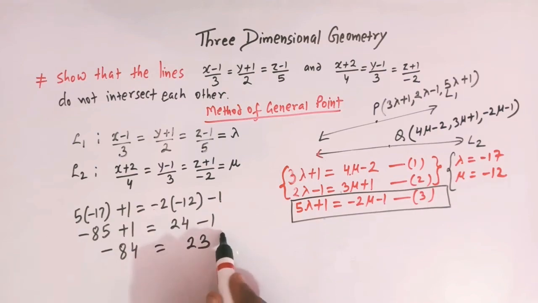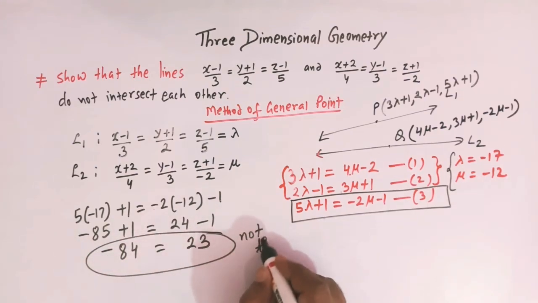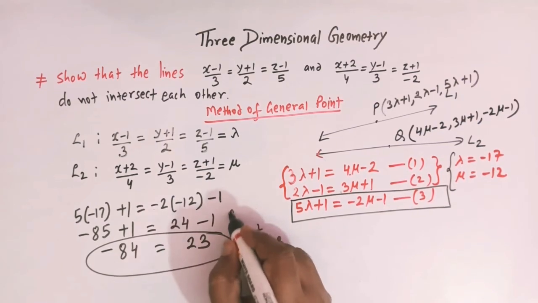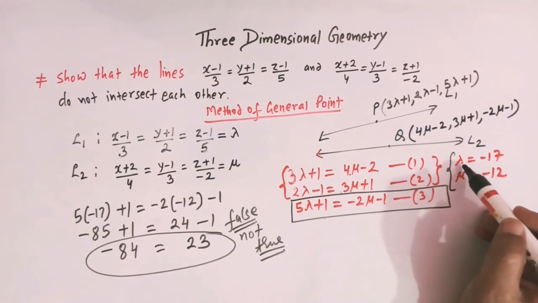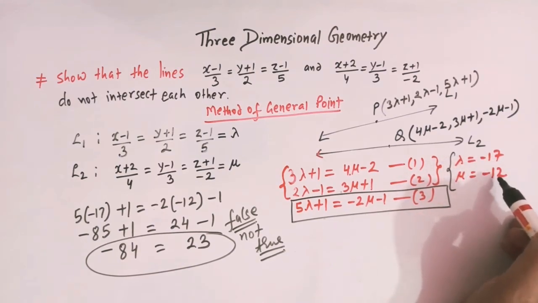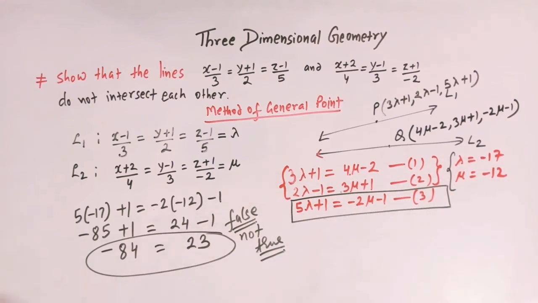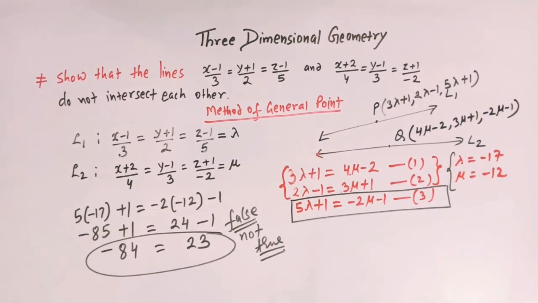And we easily see that this is not true. So we arrived at a false result when we substitute λ = -17 and μ = -12 in equation number 3. Hence this shows that these two lines L1 and L2 do not intersect each other.